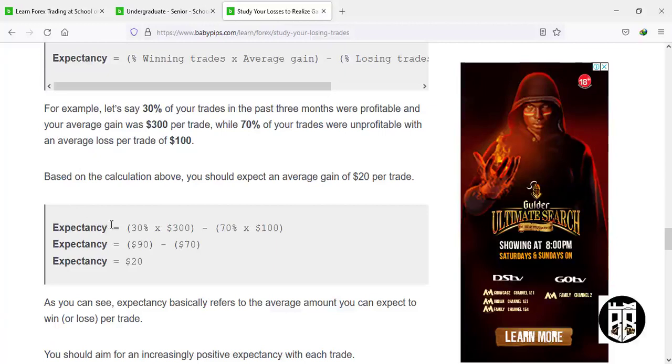Your expectancy is 30% times 300, minus 70% times 100. That is $90 minus $70, which is 20. So even though you lost a lot, you still came out with some money.